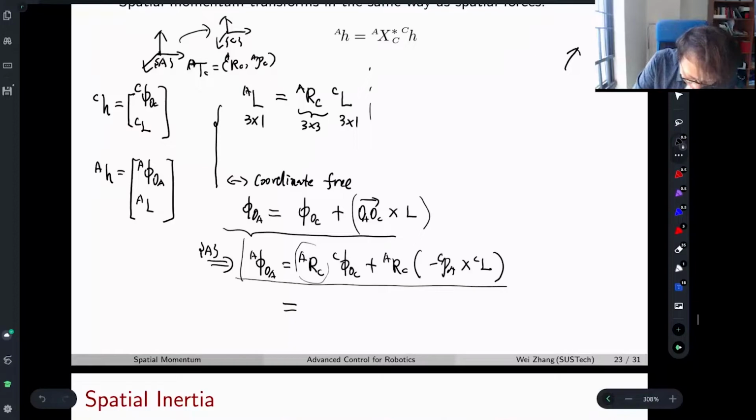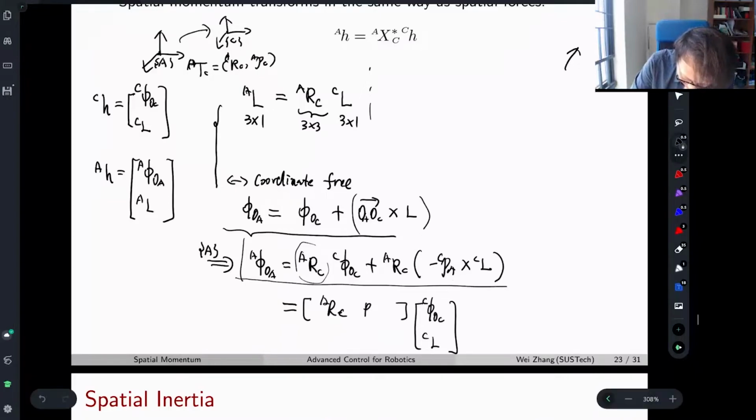If you want to write it in matrix-vector form, that will be RCA. Here is RCA as well. This is just one row, the second row. So that will be my RCA times VOCC, IOC.